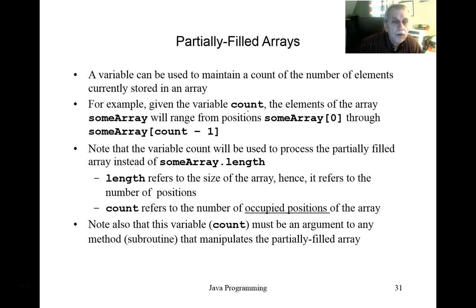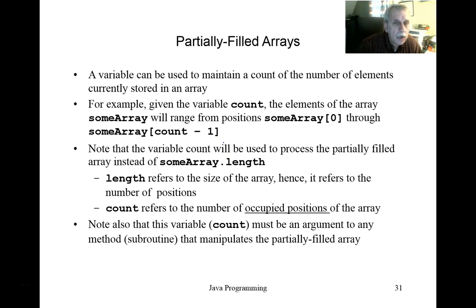And at the end, the number of elements that we've actually processed will be reflected in count, which in the case of a partially filled array would be a smaller value than the length of the array. So then in subsequent processing, we would not go up to length minus 1, but we would go up to count minus 1, the actual number of populated elements.